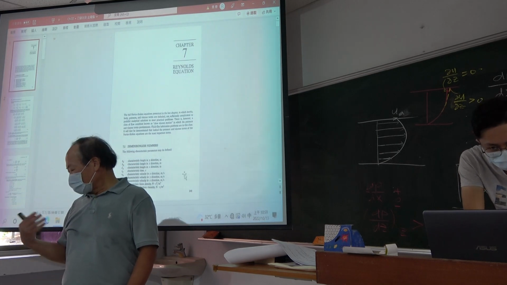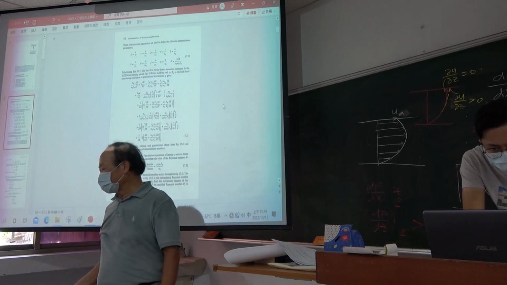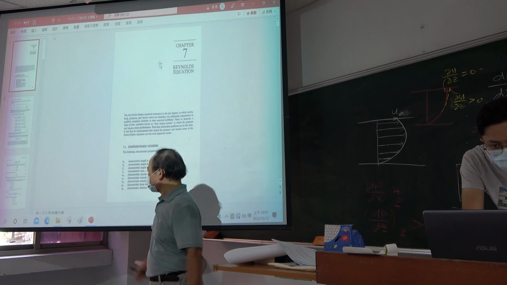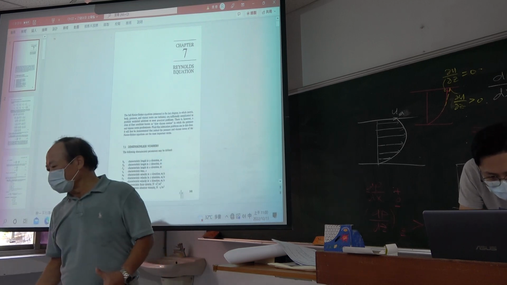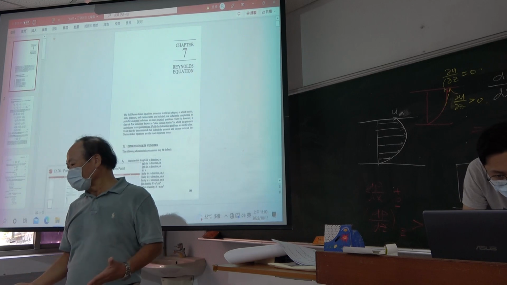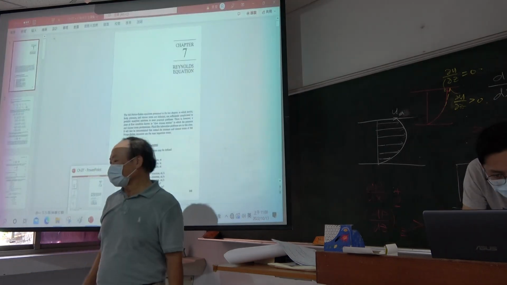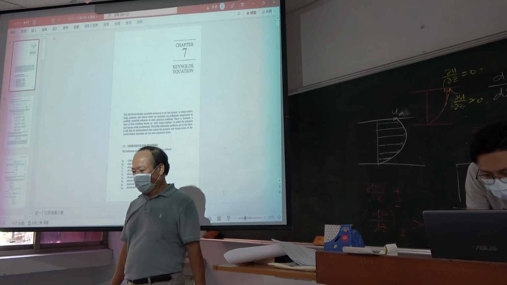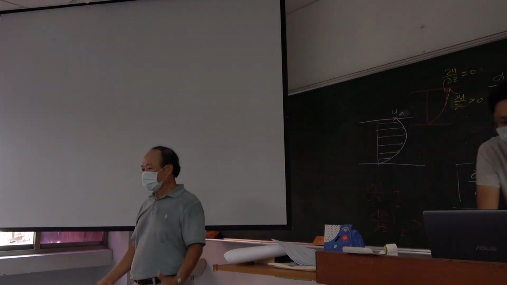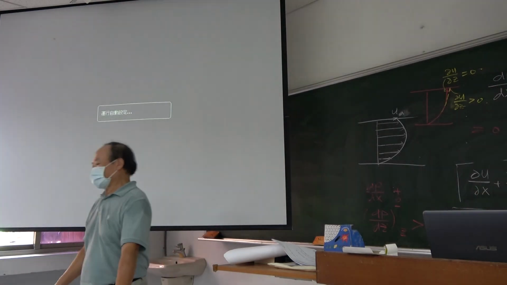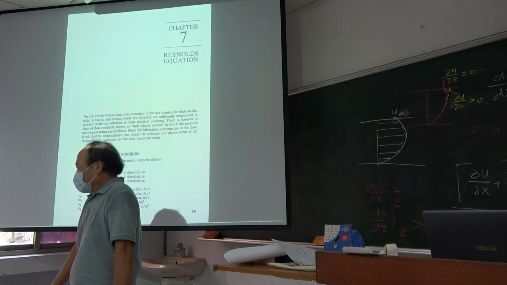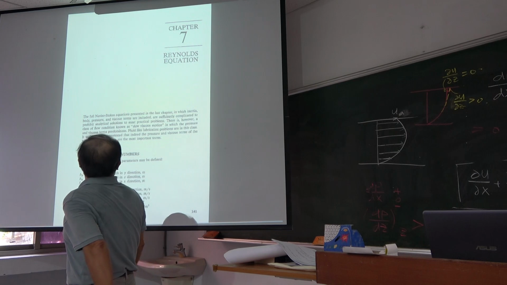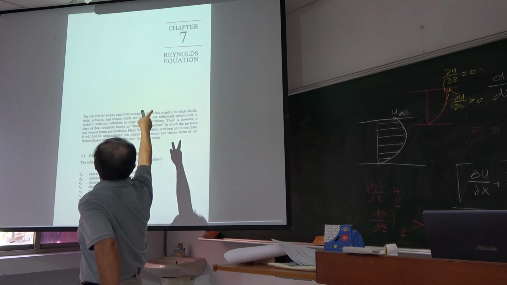But I have mentioned many times that the equation of motion is used to solve the velocity distribution, but the velocity distribution is not the real one we need. We need to obtain the pressure distribution in our flow, and obtain the film thickness. So that is why we turn to chapter 7.